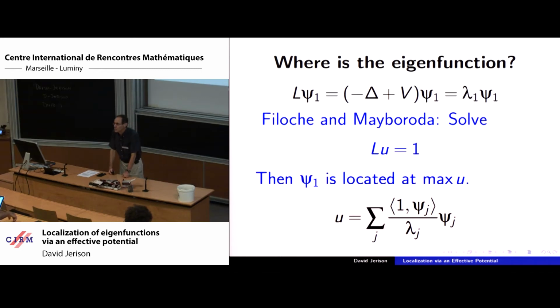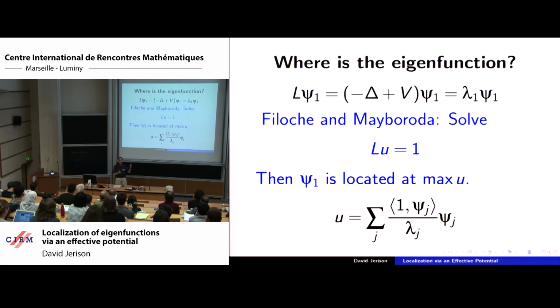This is perfectly reasonable. But what Filoche and Mayboroda discovered is that the pattern goes way, way, way deeper than this. It's really pretty astounding, actually. Somehow there's a lot more in this function u that talks to all of the eigenfunctions, or anyway, let's say at least half of them.